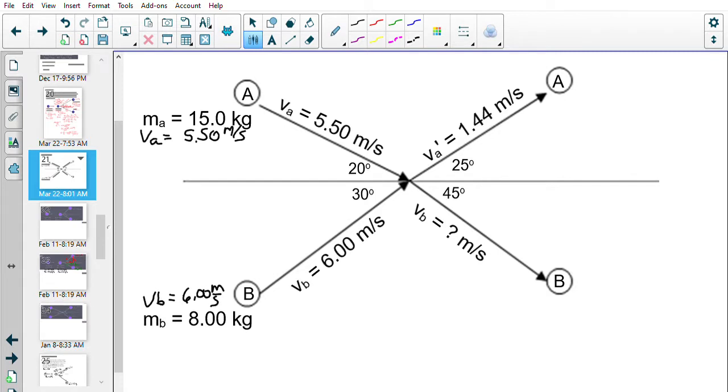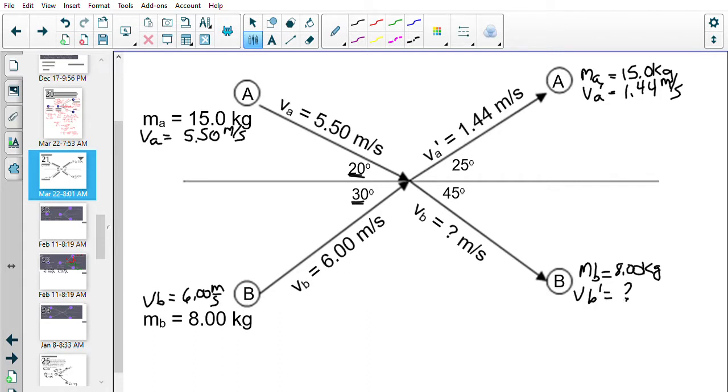This one comes in at a 30-degree angle, strikes the other one coming in at a 20-degree angle. Afterwards, I'm just going to assemble the information here. MA is still 15 kilograms. VA prime is written up here as 1.44 meters per second. MB is still 8 kilograms. And VB prime is unknown.